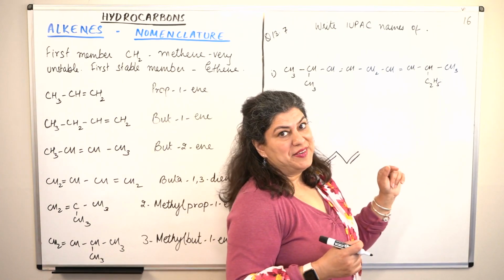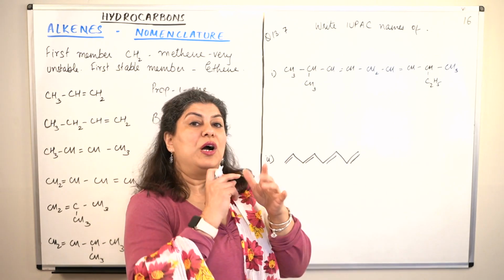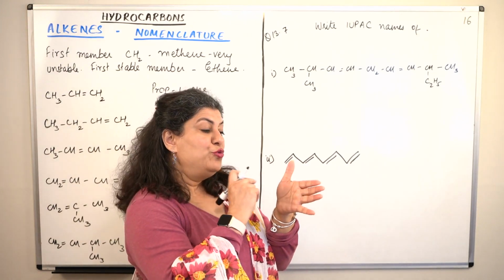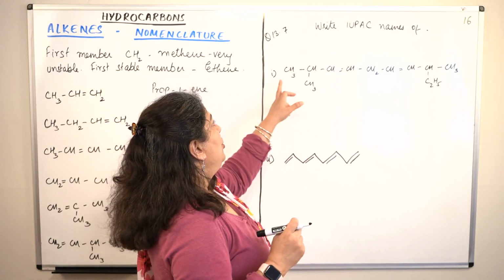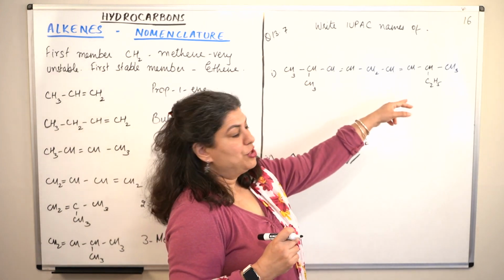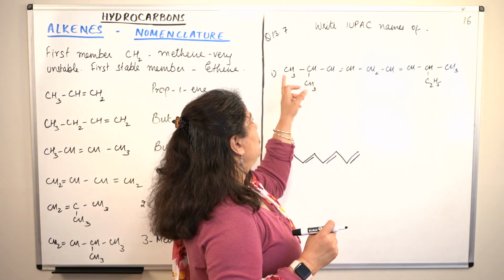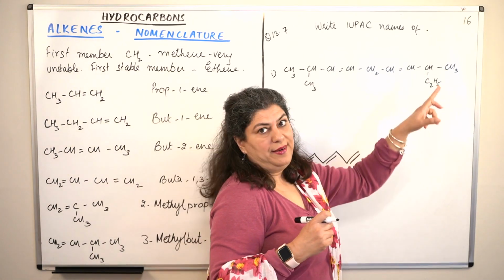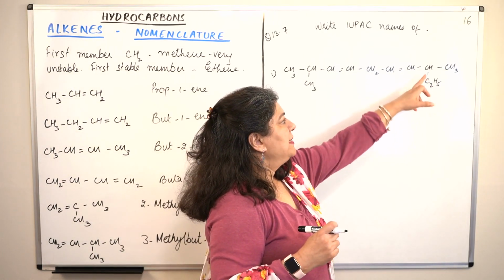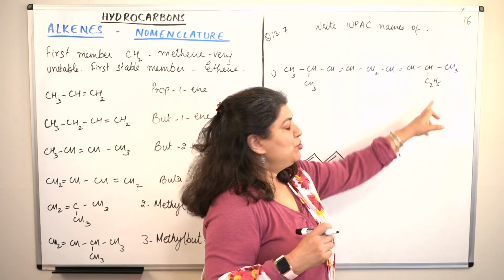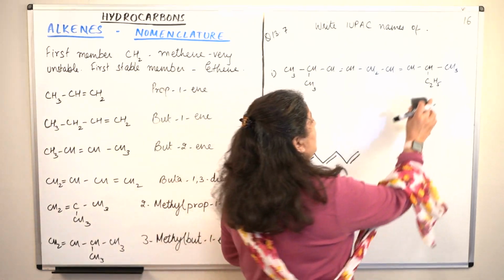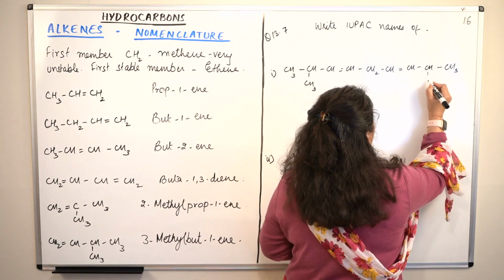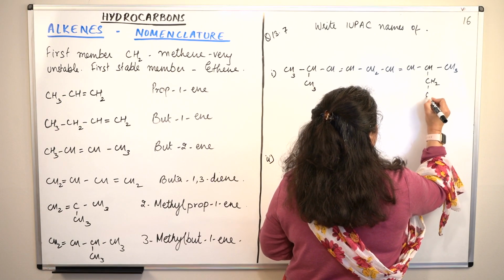According to the longest chain rule, when you're choosing the longest chain, you will start counting from one direction. And if you count 1, 2, 3, 4, 5, 6, 7, 8, 9. But if I count here 8, 9 and 10, because C2H5 is nothing but CH2 and CH3.